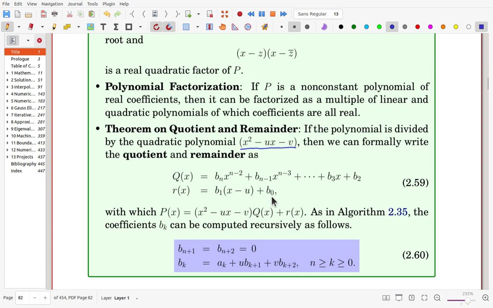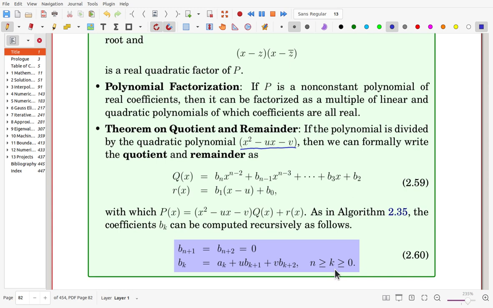Later on, this will make the recursive formula very convenient. We plug these two on the right side, and we try to match the coefficients of the powers of x. Then we can get that recursive relation, so that for each k, we can get an equation that we can write in this way.